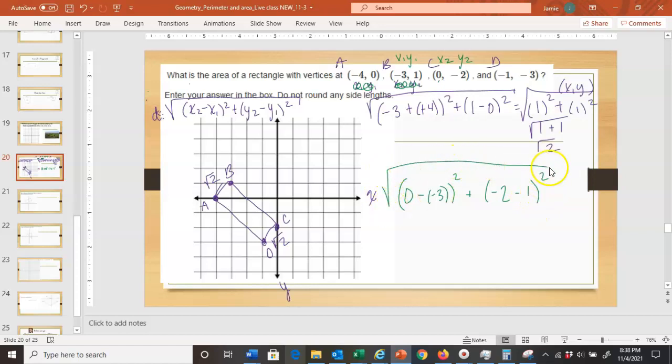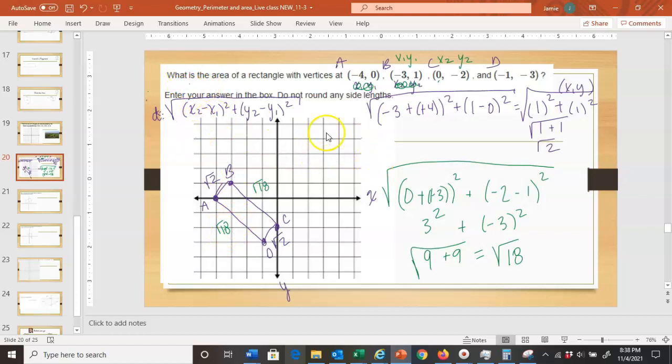Okay, there we go. Negative times negative, that's a positive again. So we'll have 3 squared plus -3 squared. 3 squared is 9, and -3 squared is 9. Square root of 18. Both sides, right? Now it says to find the area.